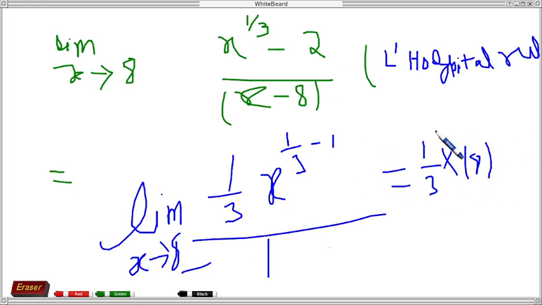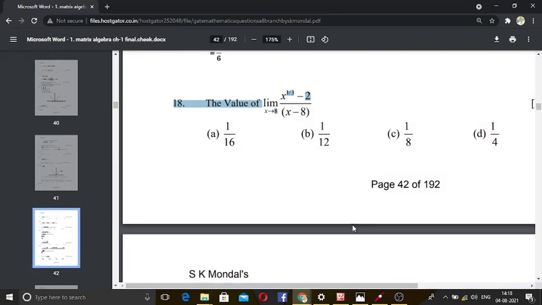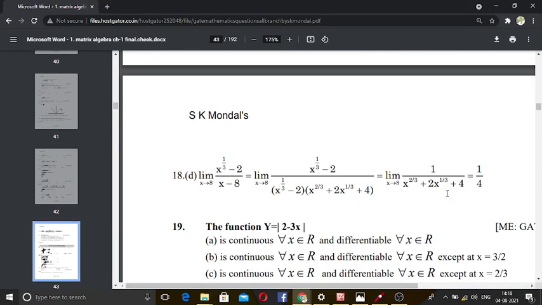What is the value of 1 by 3 minus 1? That means 1 minus 3 over 3, minus 2 by 3. Okay, I think I'm right. So simply if you calculate this, I have already calculated this.